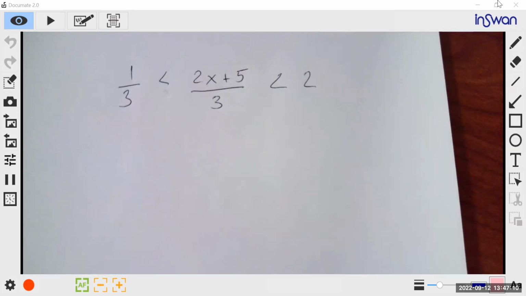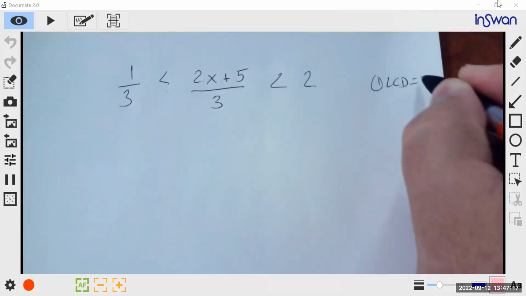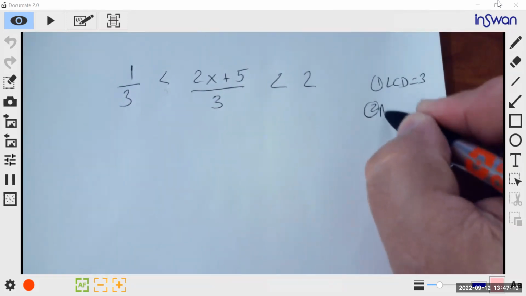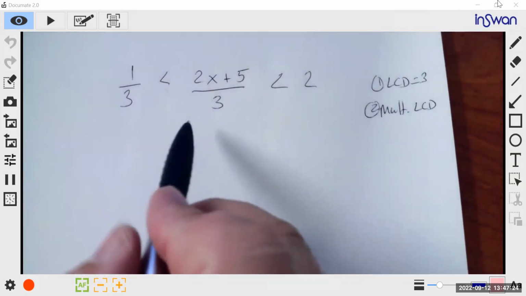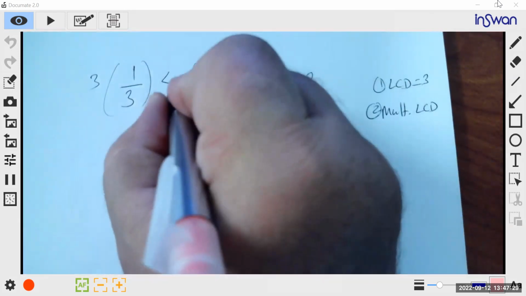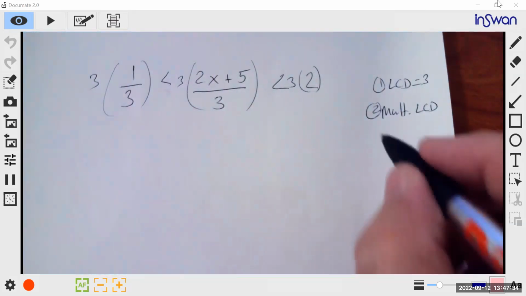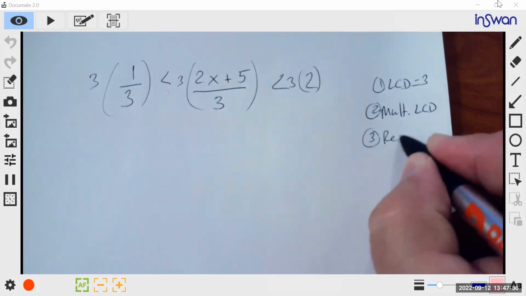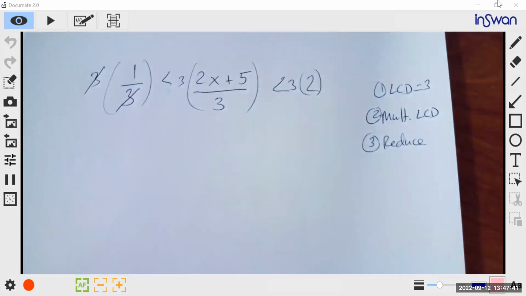Whenever you have a fraction and an equal sign, you first look for the LCD. What's the LCD in this case? What do you do with the LCD? You multiply it to each term, because it's the denominator. So if we multiply each term by the LCD, and reduce it, the threes cancel here, and the threes cancel there.